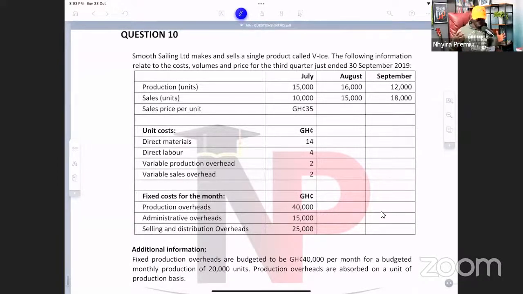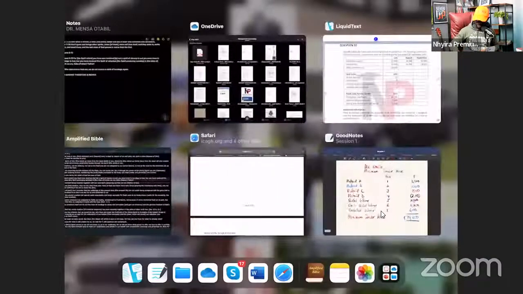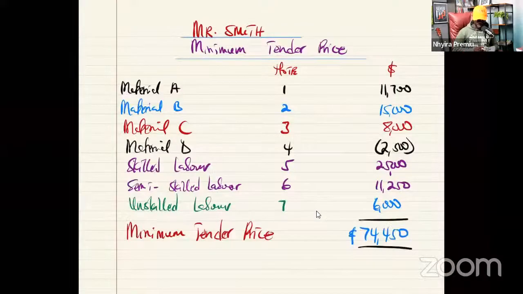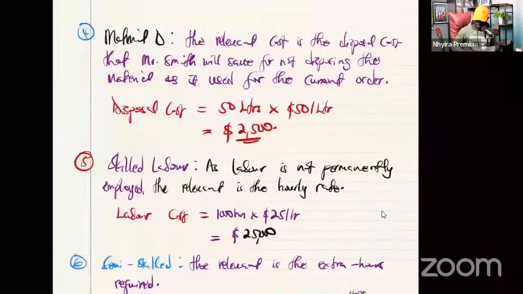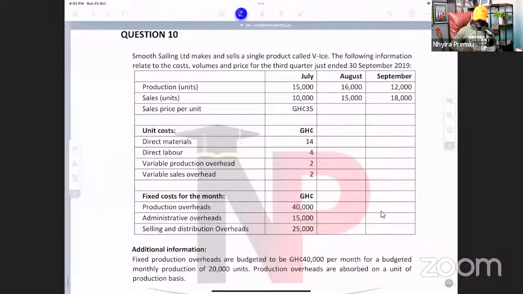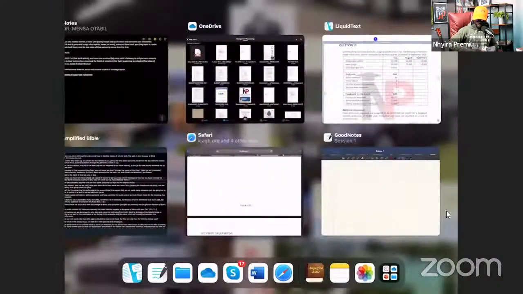So let's see how we can use this question as a guinea pig to close the gap in relation to this question. So let's see what we got. Our question is Smooth Sailing Limited.